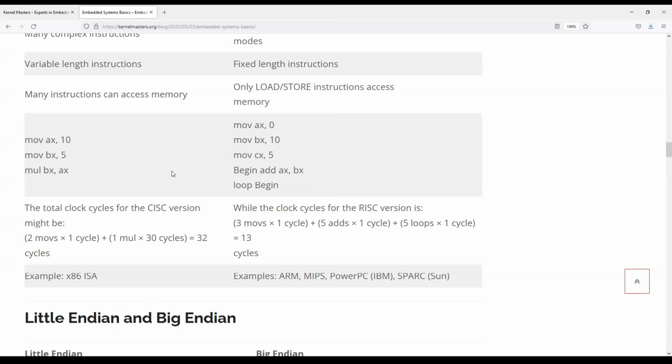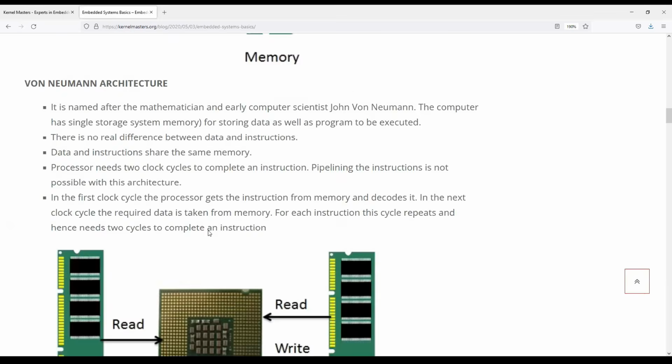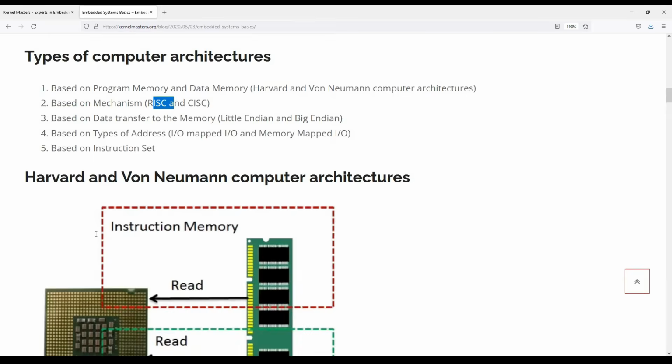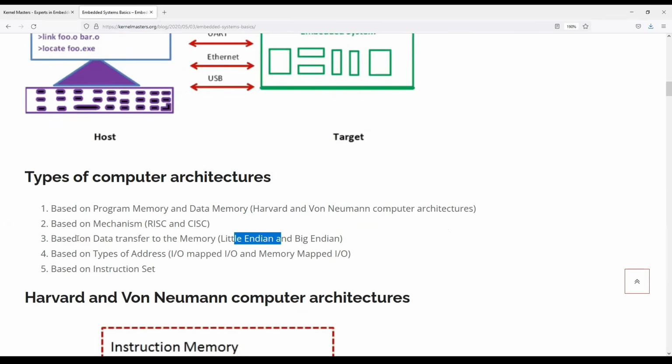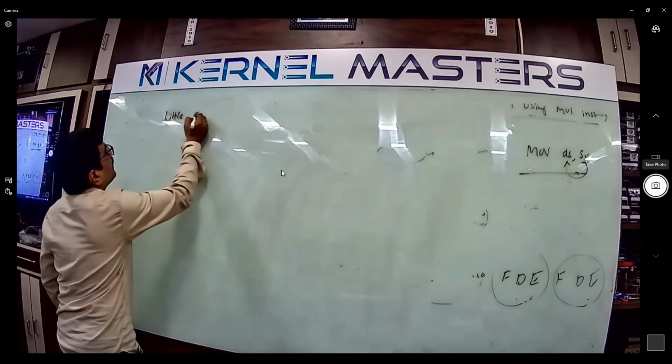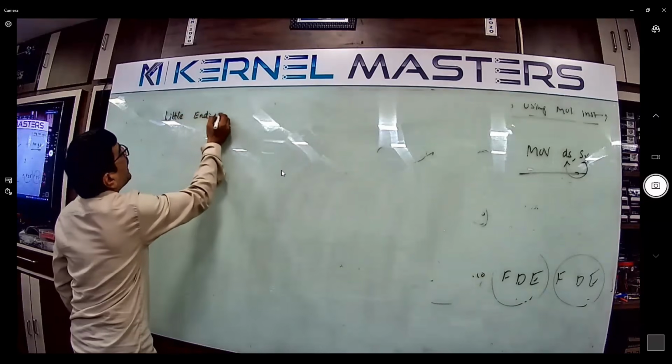Next architecture also now: Little Endian and Big Endian. Little Endian, Big Endian is an architecture classification based on the data transfer to the memory. It is one more category.